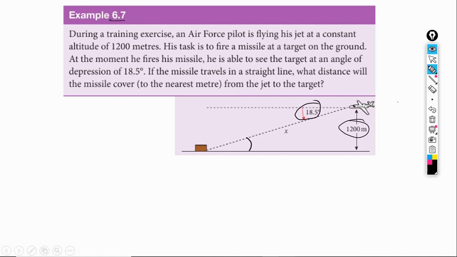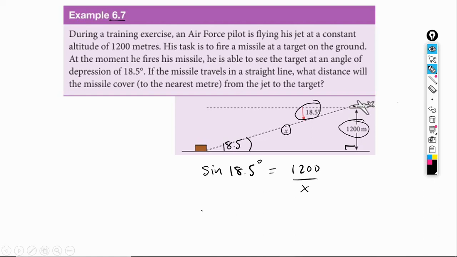Okay, so to make things easier, remember that this angle is equal to this one over here, right? So this is 18.5 degrees. And we obviously have a right triangle. So all we need to do is decide which trigonometric ratio we can use to find x, which is the distance between the jet and the target. So we know that we have to use the sine function, because sine of 18.5 degrees is equal to 1,200 divided by x.